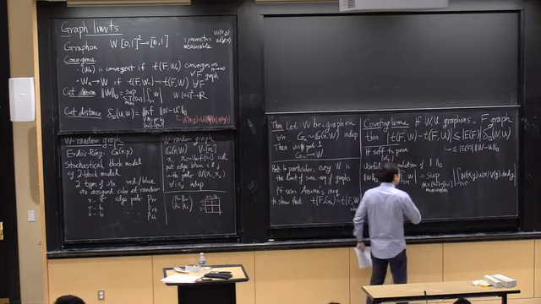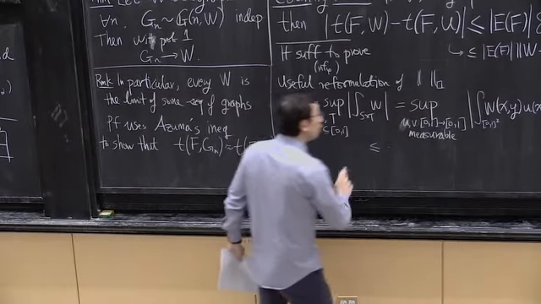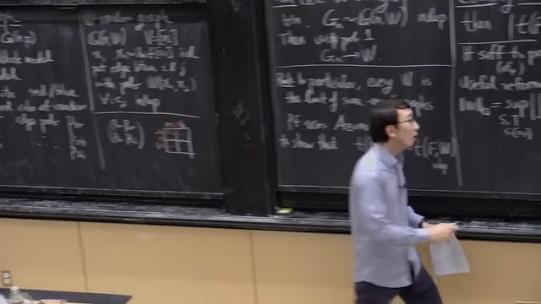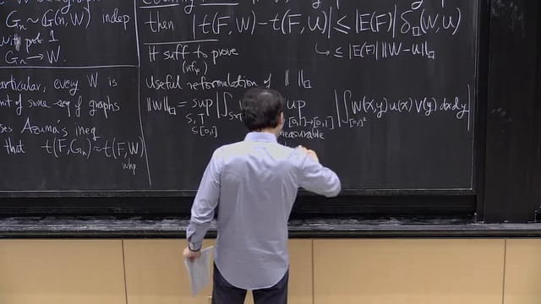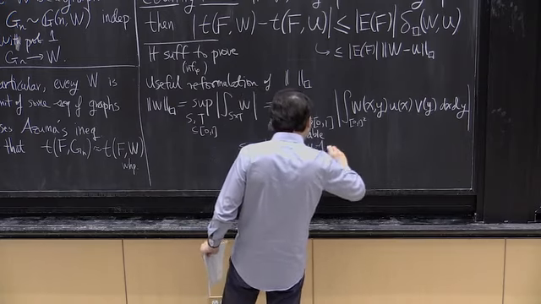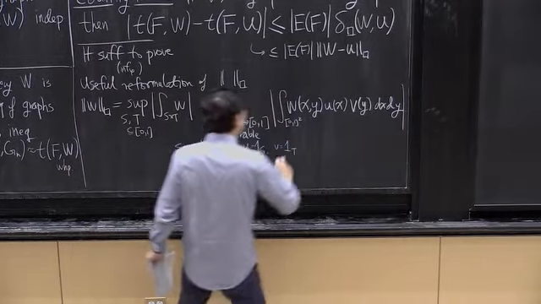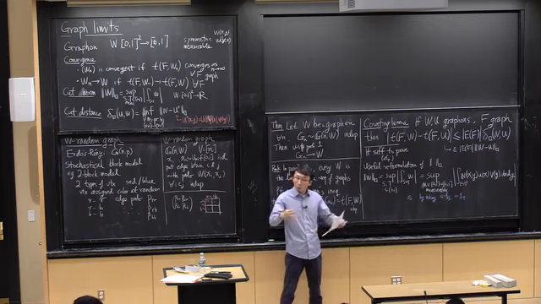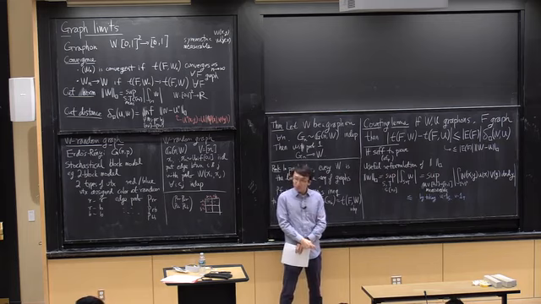Well, one of the directions is easy to see because the right-hand side is strictly an enlargement of the left-hand side. By taking u to be the indicator function of S and v to be the indicator function of T, you see that the right-hand side, in fact, includes the left-hand side in terms of what you're allowed to do. But what about the other direction?